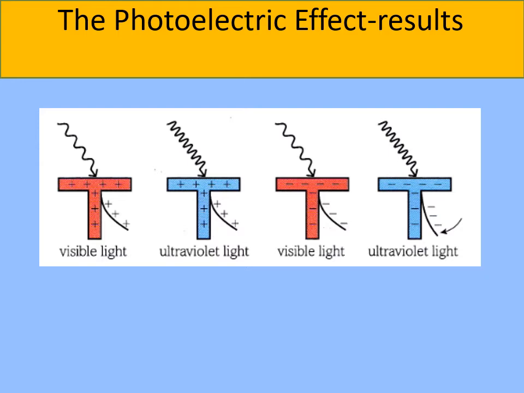The metal plate is losing its negative charge through the emission of electrons, which are repelled by the negative charge on the electroscope. The discharge of the electroscope cannot be caused by ions in the air, as the electroscope is in a sealed vacuum. So it must be something else.